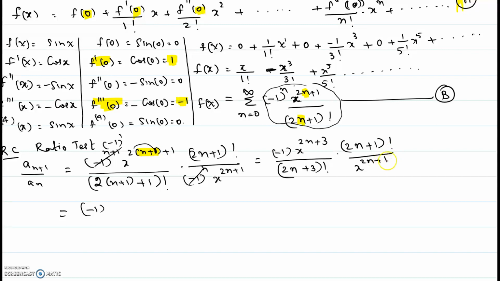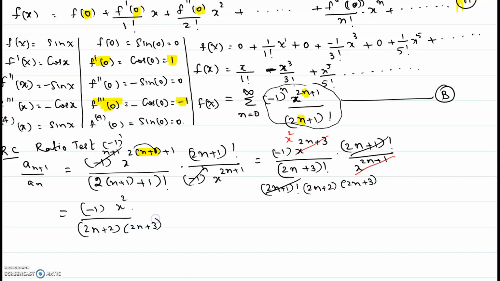And x to the power 2n plus 3 over x to the power 2n plus 1 becomes x squared. Then 2n plus 3 factorial can be written as 2n plus 1 factorial times 2n plus 2 times 2n plus 3, so the 2n plus 1 factorial gets crossed out. The denominator is just 2n plus 2 times 2n plus 3.